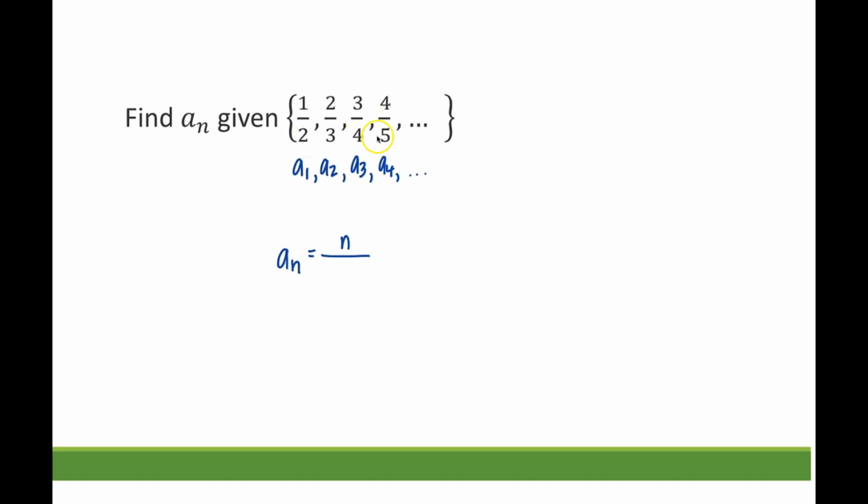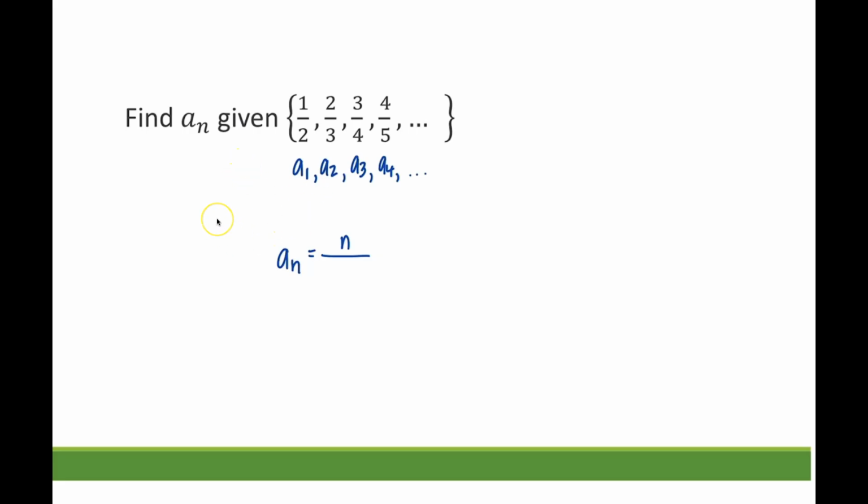And then let's focus on the denominator here. So the first number that we would substitute in is the subscript 1, and I have to get out a value of 2. For the second term, if I substitute in 2, I have to get out 3, a number that's 1 higher, just like how 2 is 1 higher than 1. And if I substitute in 3, I'm going to get out 4.